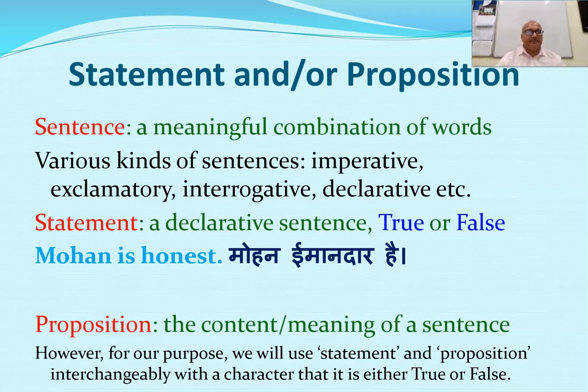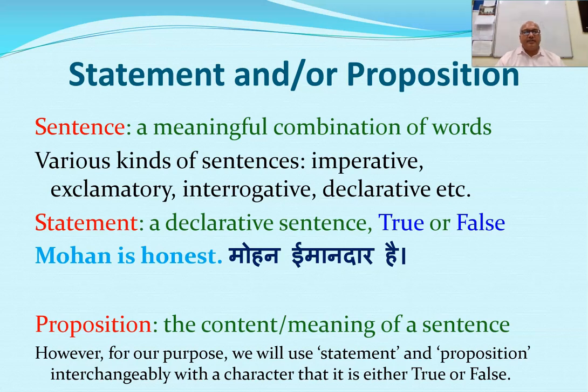Some are imperative, suggesting something to do or not to do. There are exclamatory sentences expressing certain emotions, certain feelings. There are interrogative sentences, which are meant to raise questions, inquire about something. Then we have declarative sentences, which make certain claims regarding the facts, regarding the reality.